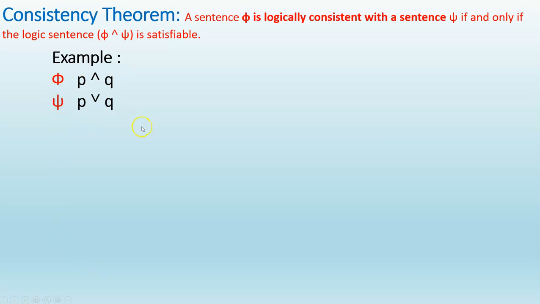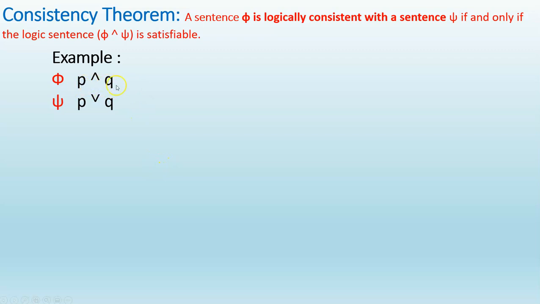Take our two sentences, phi and psi, the conjunction and the disjunction. So I think what we're saying is they're logically consistent if there's at least one truth assignment for P and Q that make both of those sentences true at the same time. And I would say there is one, namely that P and Q are both true.